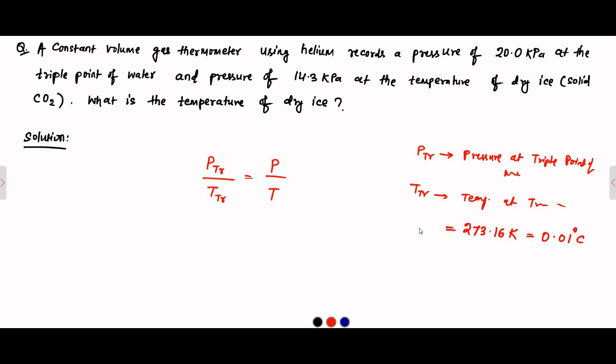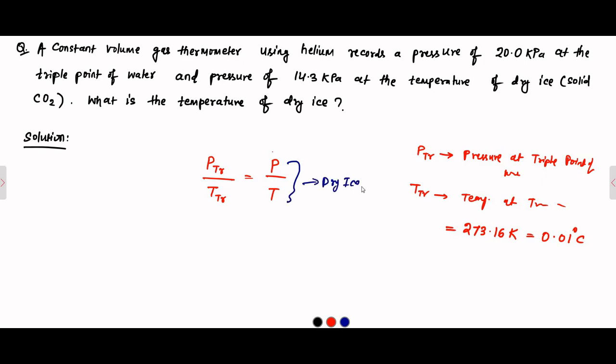Then P by T is the pressure and temperature readings at any other condition. So here the other condition is for dry ice. This whole thing is now considered for dry ice conditions.